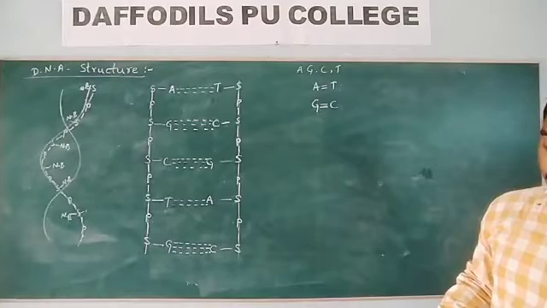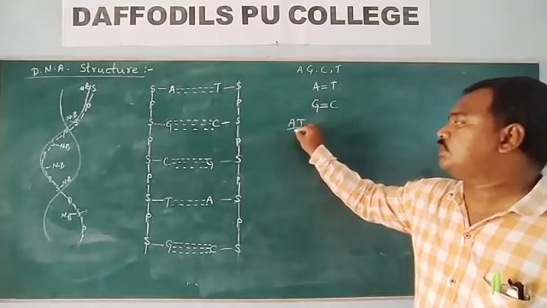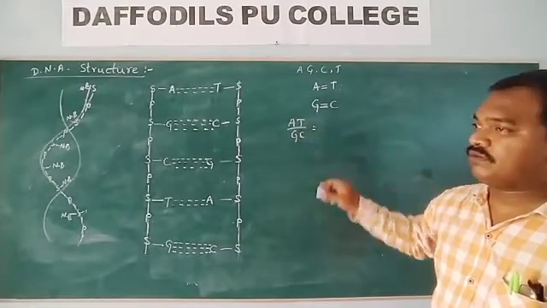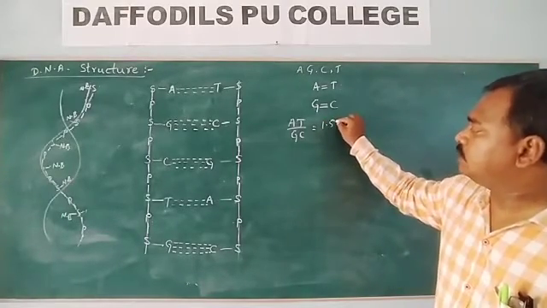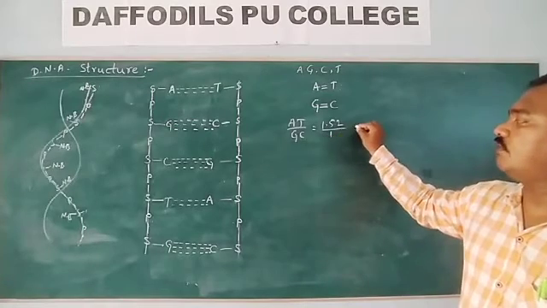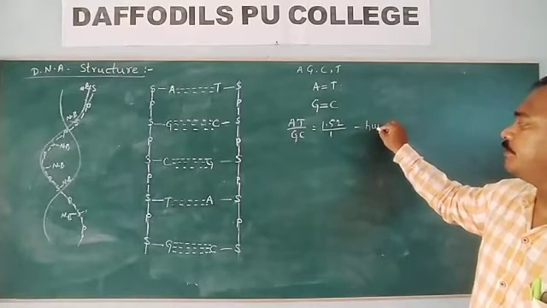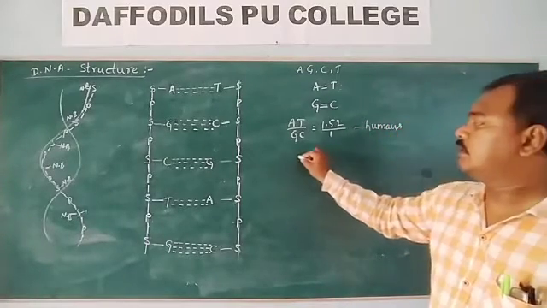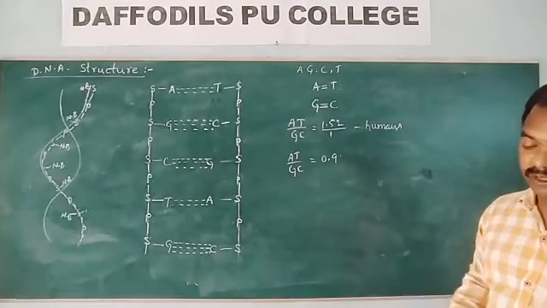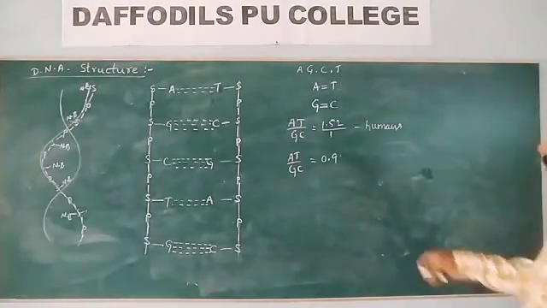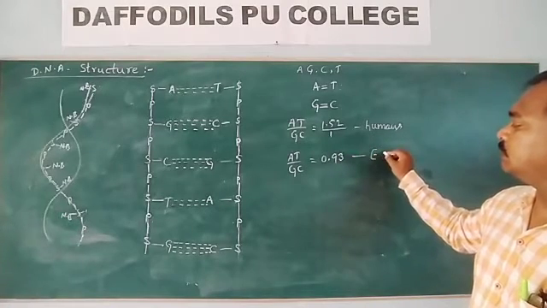But the AT by GC ratio differs from animal to animal. The AT by GC ratio in the case of humans is 1.52. In the case of E. coli bacteria, this AT by GC ratio is 0.93.